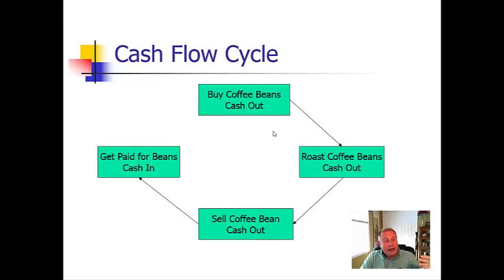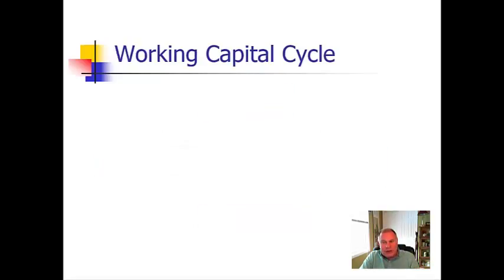Then you get paid for the beans, and there's cash in. So when we're looking at this entire cycle, you need to have enough funds to make this process work. If you don't have cash at this point, you can't roast them, nor can you sell them, nor get paid. So that's the cash flow that's needed. We need cash in the organization.